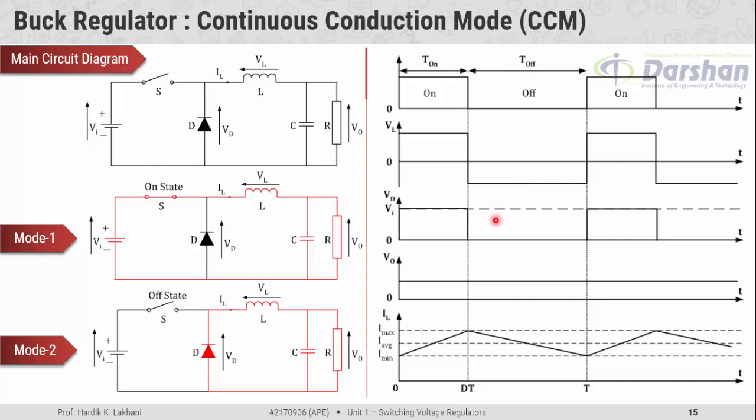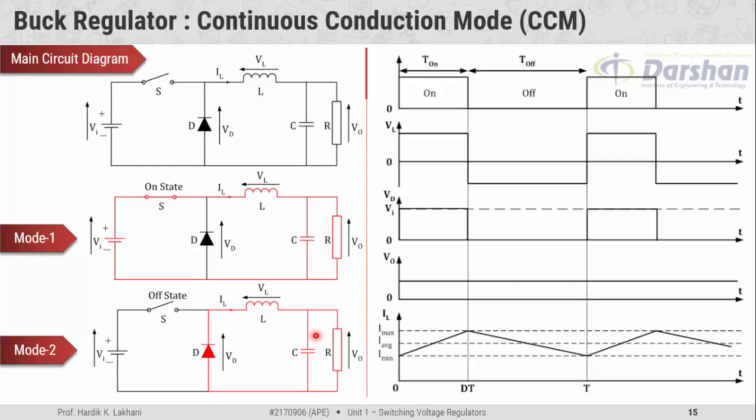During the second interval, the diode is in the on state and can be thought of as a short circuit element, so the voltage drop across the diode is approximately 0. In the mode 2 operation, the current flowing through the inductor gradually decreases from the maximum value towards the minimum value as the inductor releases its energy to the load.